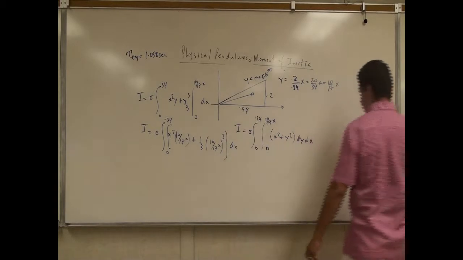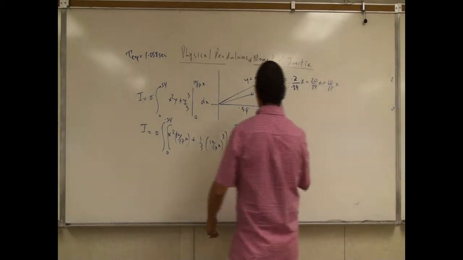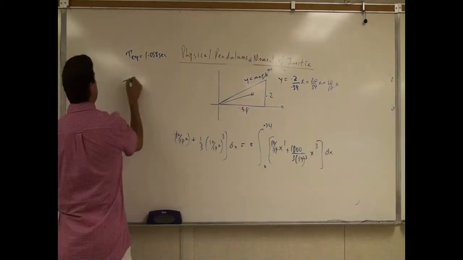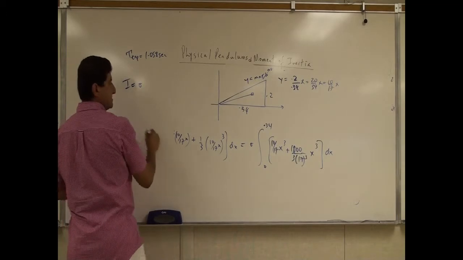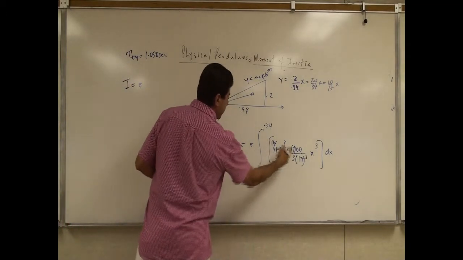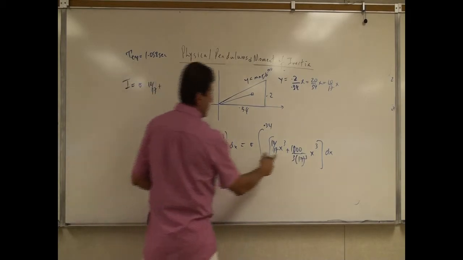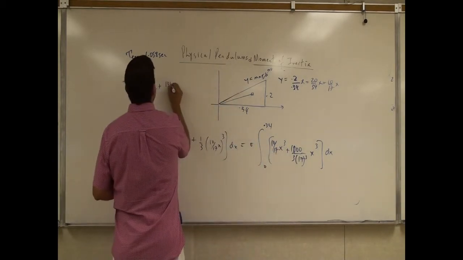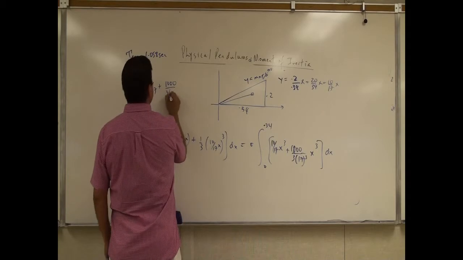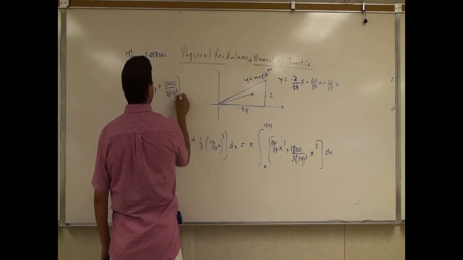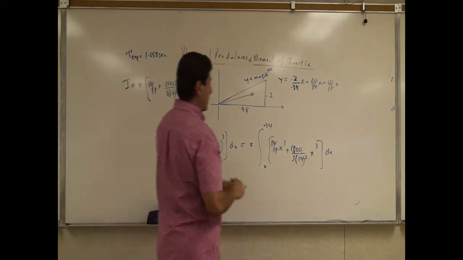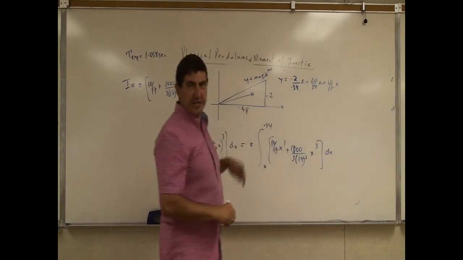So it's a good application of double integration. Okay, the moment of inertia, sigma, so we just combine this: 10/17 plus 1,000 over 3 times 17 cubed, right? And I can just factor that out of the integral because it's just a constant.